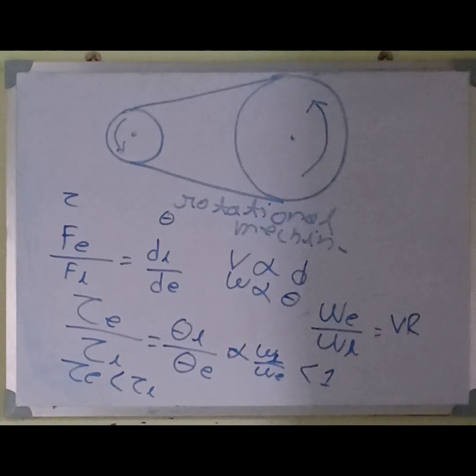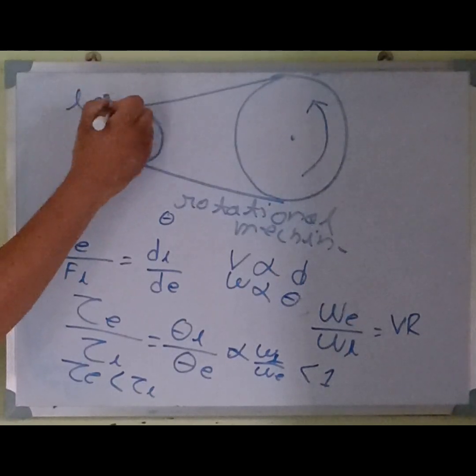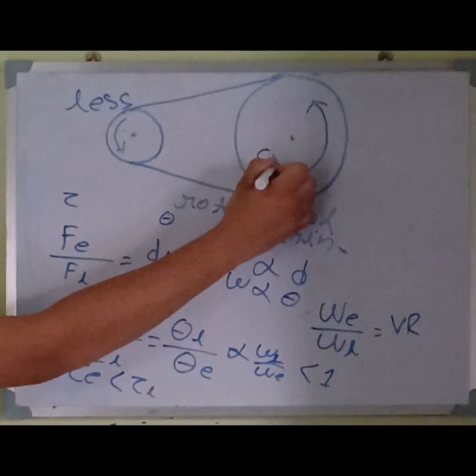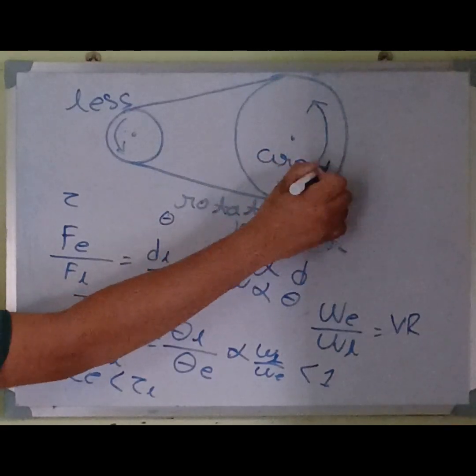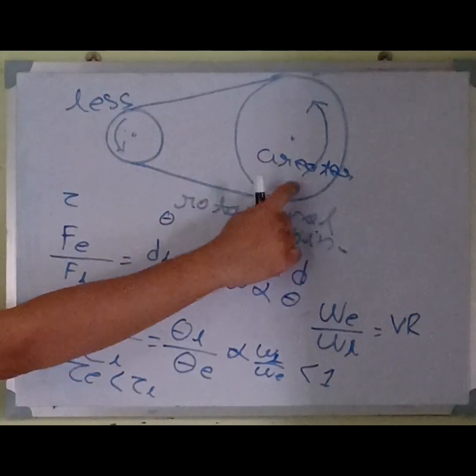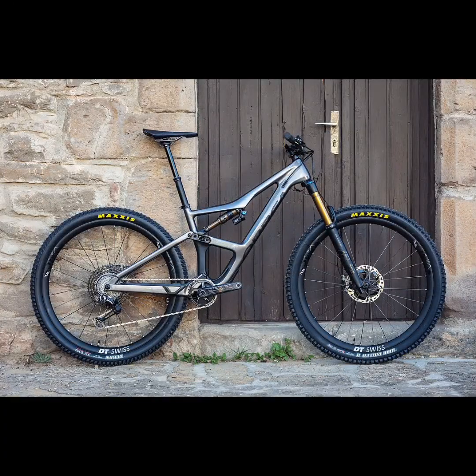I mean to say that if tau E is less than tau L, the torque we are applying on the motor wheel is less than the torque that the driving wheel is obtaining. That means with less torque at the motor wheel, we are obtaining a greater torque at the driving wheel. Thus, it is acting as a force multiplier.